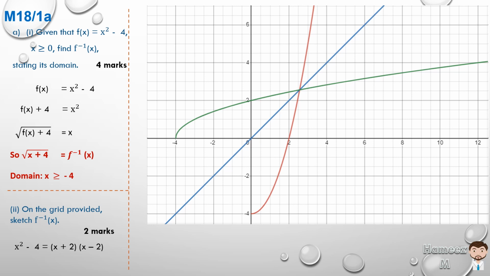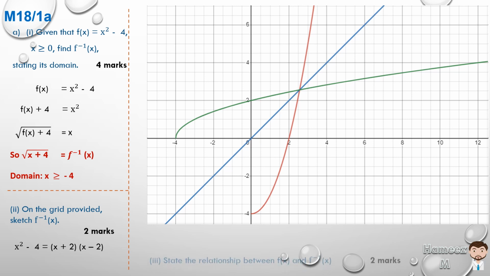Where it was cutting at 2 on the x-axis, it will now be cutting at 2 on the y-axis. Also, where it is cutting at minus 4 on the y-axis, when we reflect it, it will be cutting at minus 4 on the x-axis. Where the red line cuts the blue line, which will be at 2.25, the green line will be doing the same thing, cutting at 2.25.